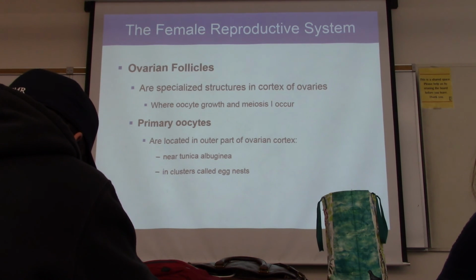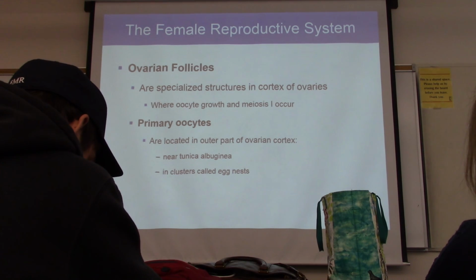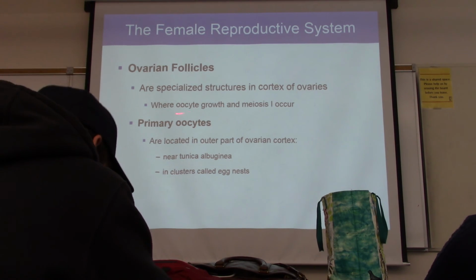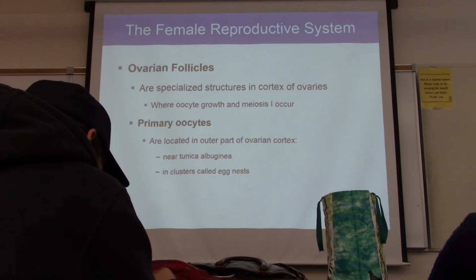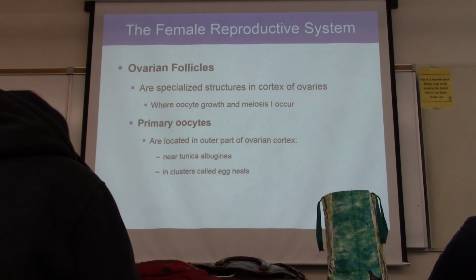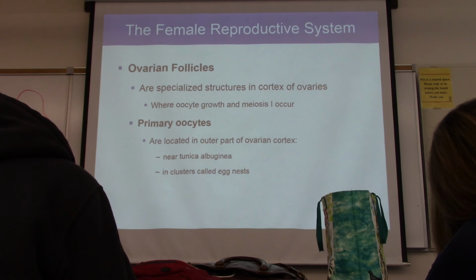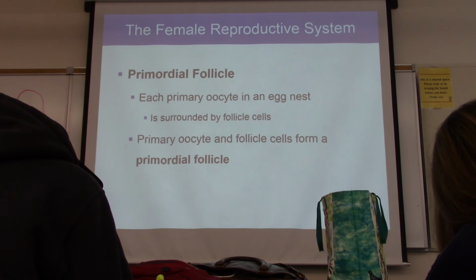Ovarian follicles are these maturing follicles, that is where the oocytes grow, where meiosis I occurs. The primary oocytes are the ones that are going to be picked for that month. They are always going to live out near the tunica albuginea. They mature out of little clusters called egg nests.